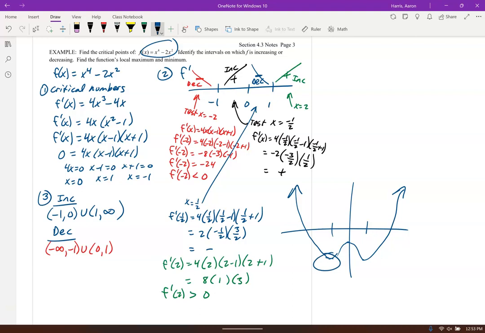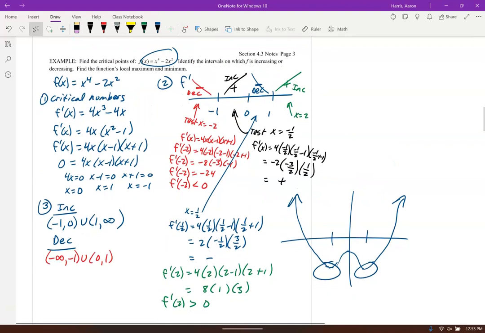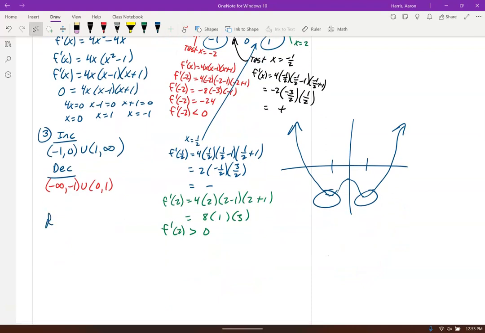So you see how we would have a relative minimum at those 2 points right there? So we decrease, so relative min here, relative min there. Okay, so relative min at x being -1 and x being 1.